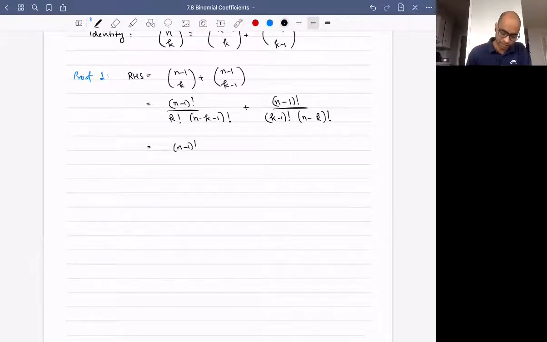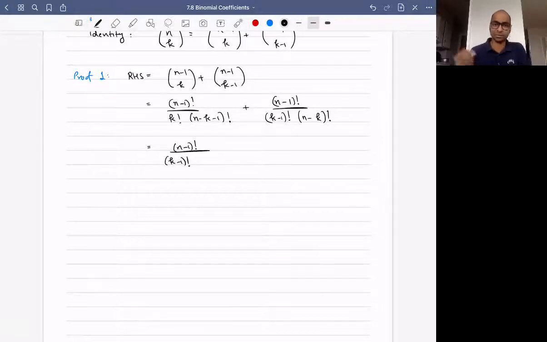In the numerator, it's very easy to see that n factorial is common in both terms. In the denominator, you have to be careful. K factorial is bigger than k minus 1 factorial. K minus 1 factorial divides k factorial. So I'll do this. And then n minus k minus 1 is smaller than n minus k. So I will do that.